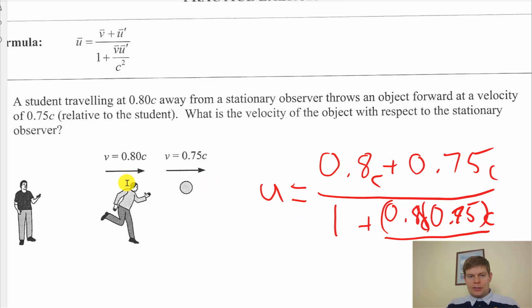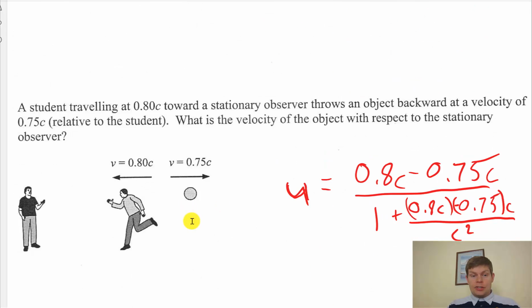Anytime both things are moving in the same direction, because of this term, you basically use straight addition, but the term on the bottom will end up being positive if both are in the same direction, and so the final answer will be smaller than you get by straight adding. Anyway, for this question, you just plug it in.